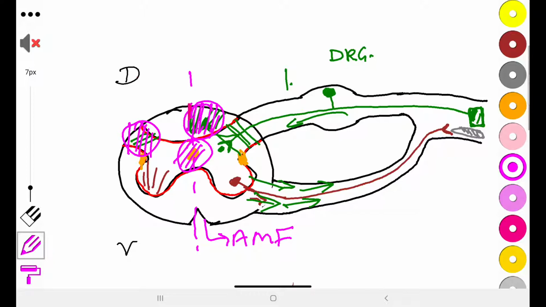It is very important to understand the sensory component and the motor component, that you have your dorsal root ganglion there, then it enters the spinal cord, and to understand how they move within the spinal cord. We'll be talking about that very soon.